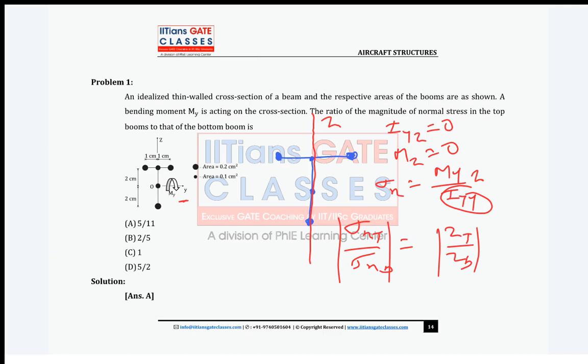Why is O not the centroid? Can anyone tell? Because this section is not symmetric about the y axis, right? It is not symmetric about both axes, or rather it is not symmetric about the y axis also.